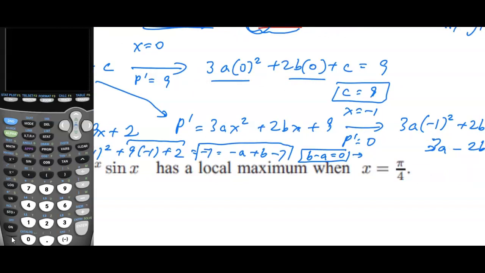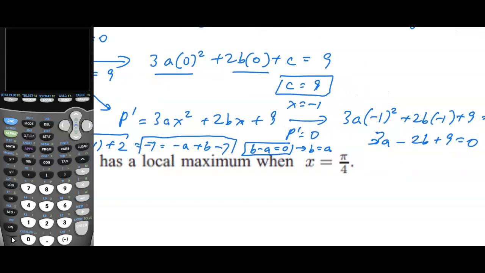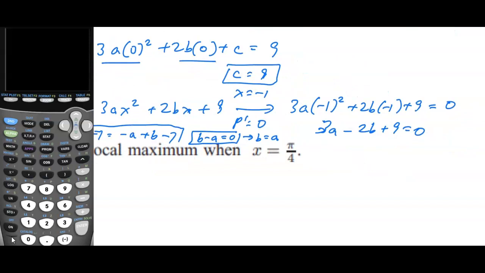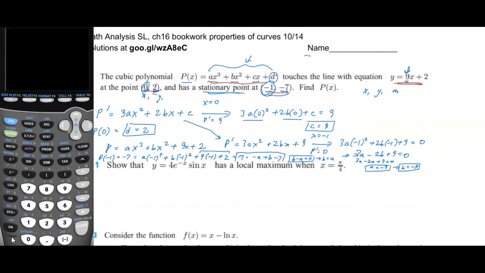So b is equal to a. If b is equal to a, then this equation becomes 3a minus 2a plus 9 equals 0, so a is equal to negative 9. And if a is equal to negative 9, then b is also equal to negative 9. So now we completely know the p function.